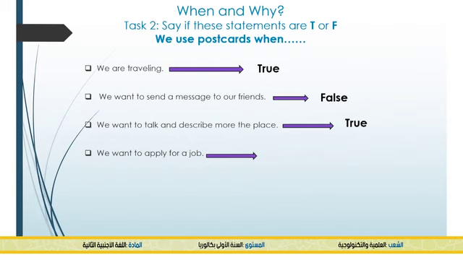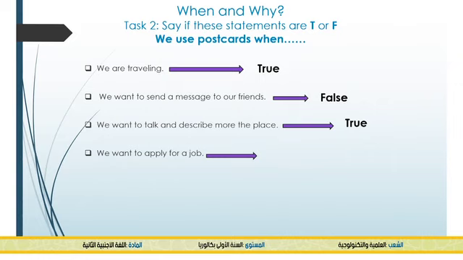Because when you are traveling, you try to describe as much as possible the amazing sights, for example, and things that are happening in a very significant way. And the last statement: when we want to apply for a job. What do you think?